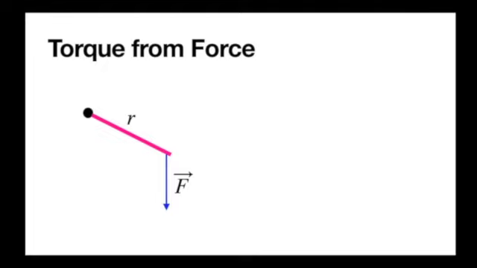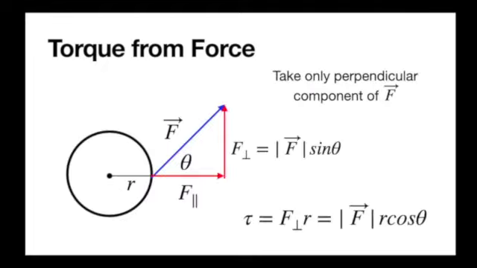We also know that we can find r perpendicular instead of F perpendicular. So really, what we're looking for is the pieces of F and r that are perpendicular to each other. If they're already perpendicular, it's just F times r. That's my torque. But if they're not, we need F times r times some factor that decreases it, in this case cos theta or sine theta.